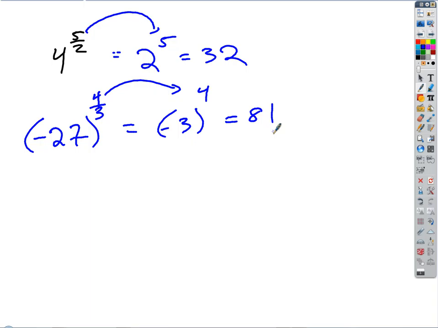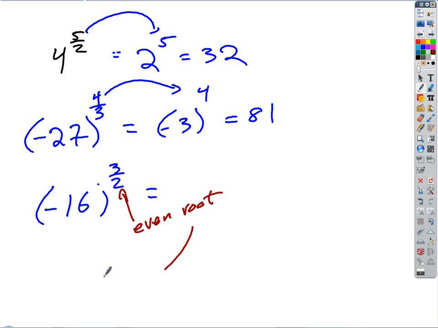How about negative 16 to the 3 halves? No, oh, we got problems. What's the problem? Because we're trying to take an even root of a negative number.